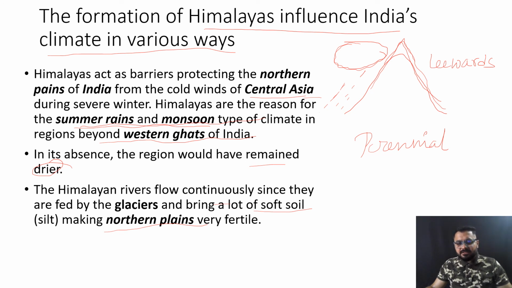The main reason for that is when the Himalayan rivers flow from the mountains, they carry with them alluvial soil. This alluvial soil gets deposited in the northern plain, making it very fertile. All these benefits to India are happening because the northern part of India is covered by Himalayas, children. In the next topic, we'll be talking more about the northern plains of India.